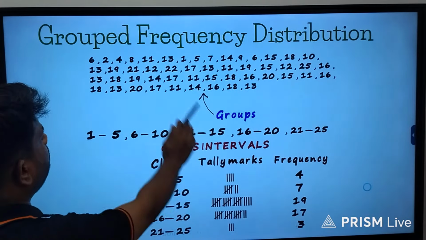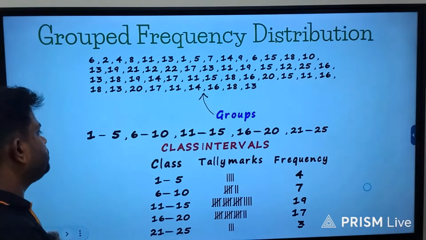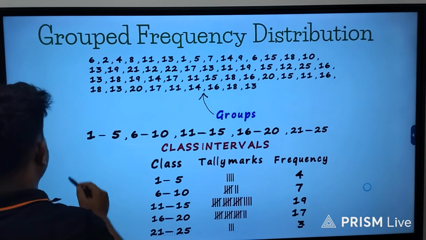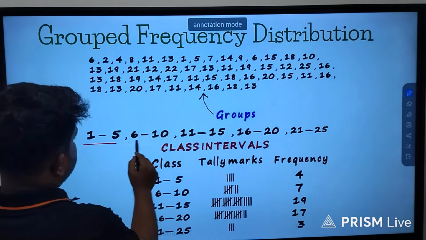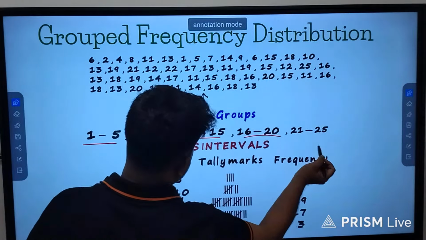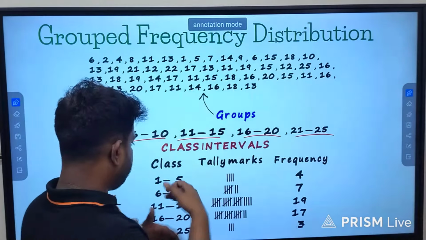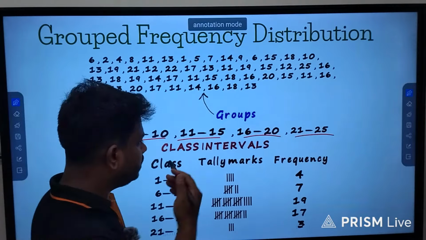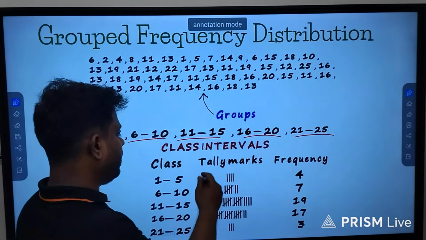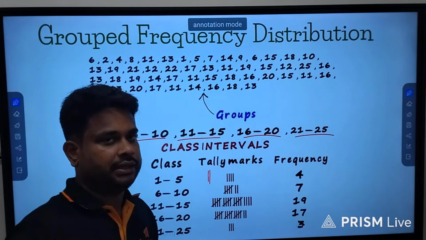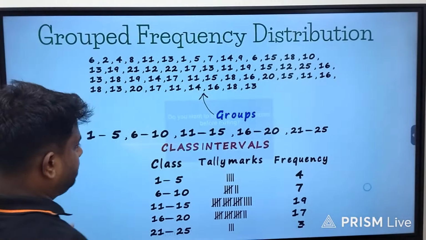From this data we can classify them in groups, taking the range as 1 to 5, 6 to 10, 11 to 15, 16 to 20 and 21 to 25. Then we can count the frequency of the data ranging from 1 to 5 by drawing tally marks like this. And this is the classification of grouped data.